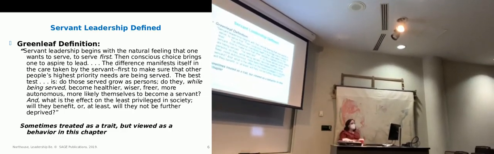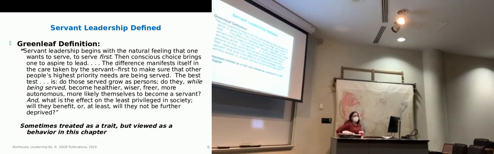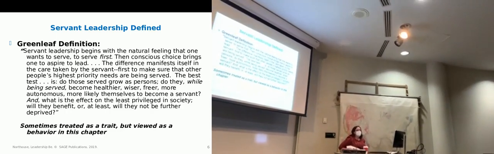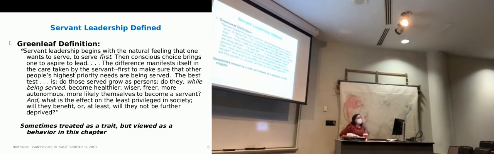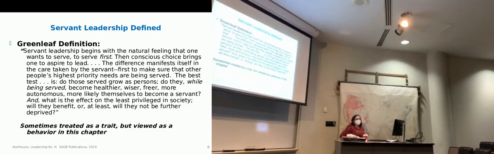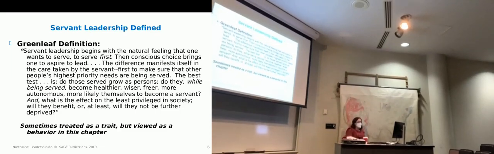What you'll see from our standpoint is that we're looking at servant leadership as a behavior, not as a trait. We're not saying this is who a leader is. We're not saying who is a servant leader. We're saying, what does servant leadership act like? Okay, the difference between those two things.